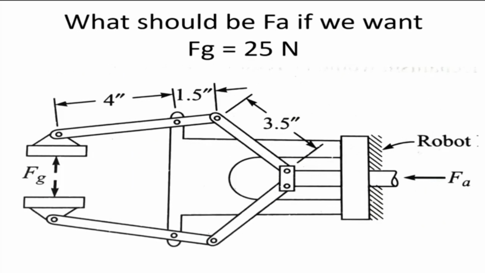Now, it is very easy to compute. If you're designing a gripper, you need to compute the force acting on the fingertip, simply by looking at the free body diagram and finding the reactions in each of the linkages. This is a linkage mechanism, and if I apply a force Fg there, suppose Fg is 25 newtons, then what should be the force Fa applied, either by a piston cylinder mechanism or by a linear actuator?